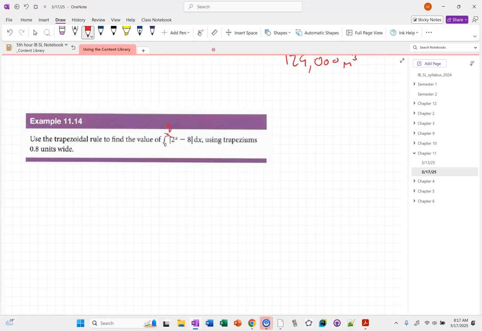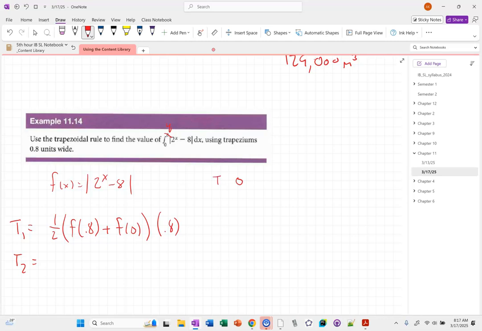So I'm going to call f of x just that absolute value of 2 to the x minus 8. My first trapezoid is going to be 1/2 times f of 0.8 plus f of 0, times 0.8. Trapezoid 1 goes from 0 to 0.8. Trapezoid 2 goes from 0.8 to 1.6.